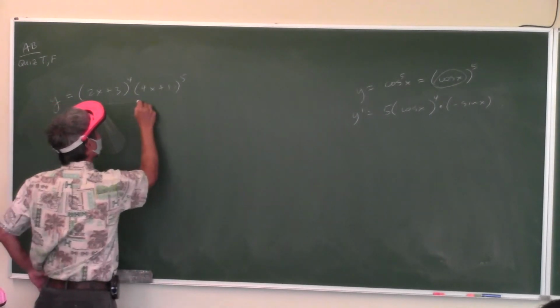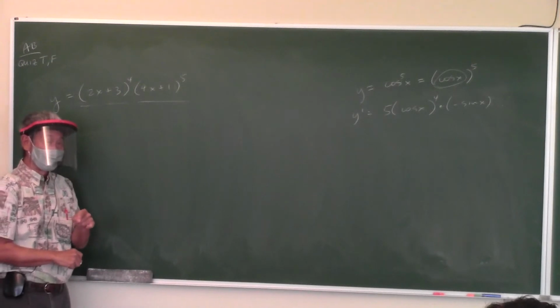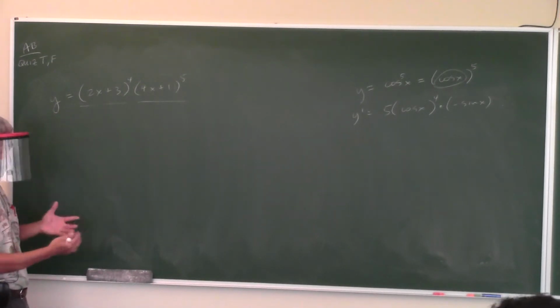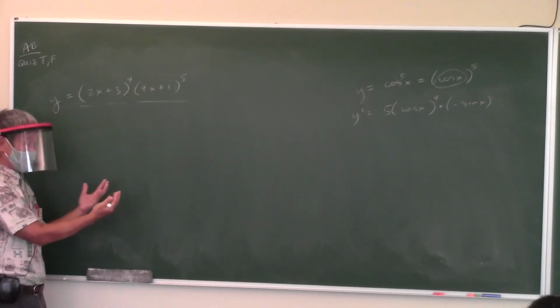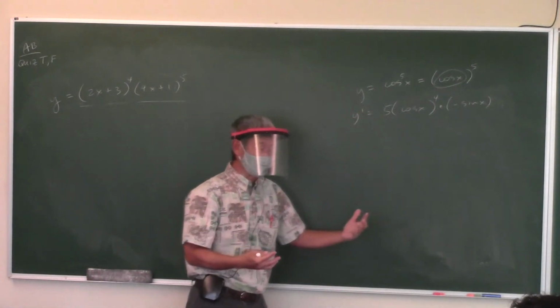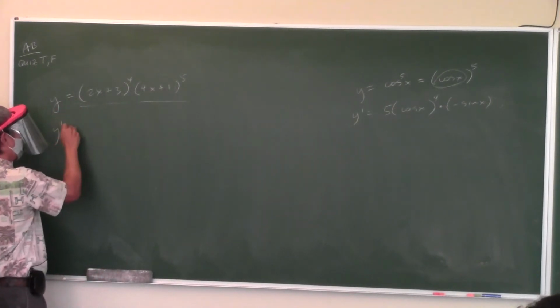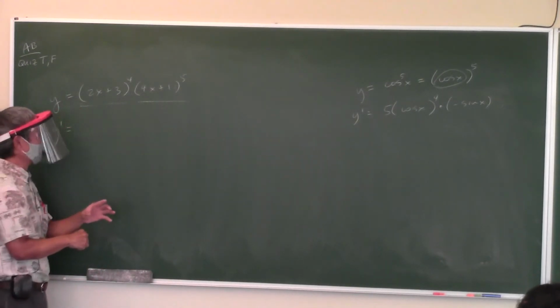I'm seeing something times something. So that means you have to use the product rule. You see a product, use the product rule. You see a quotient, you use the quotient rule. If you see a power, use the power rule. It's not that difficult.